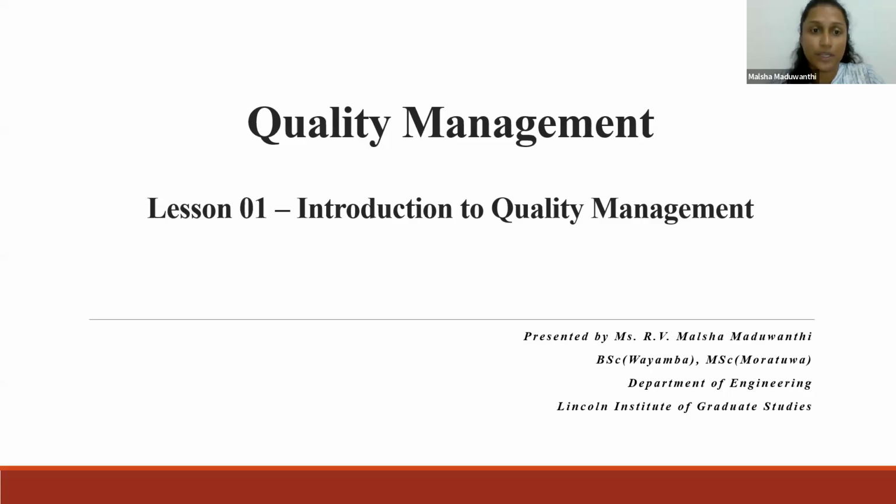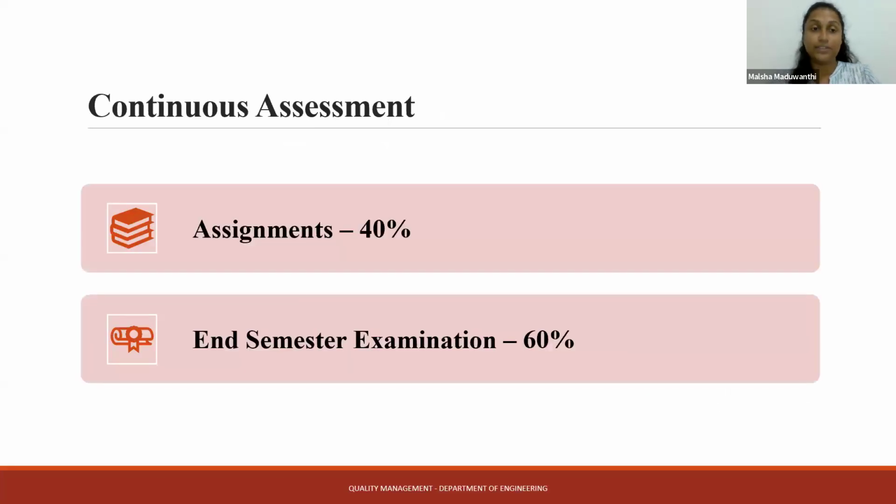So moving on to the continuous assessments. Same as the other modules, we will take 40% out of 100 based on your assignments. Most probably you will have one or two assignments per module.